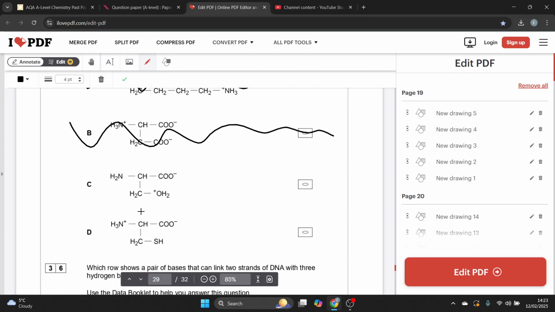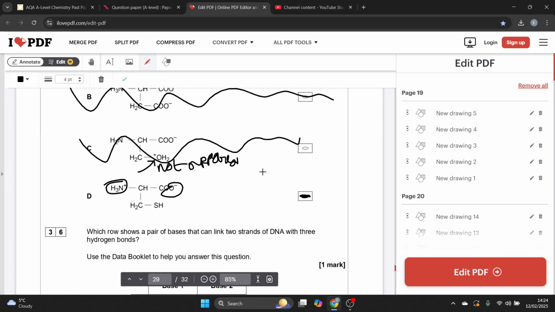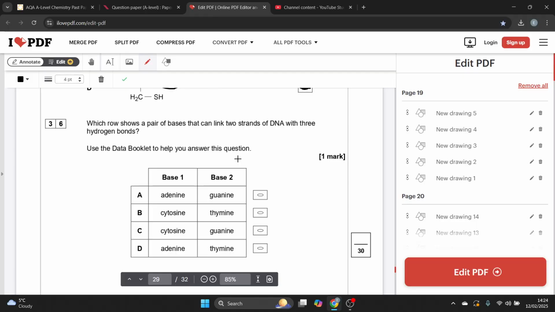I'm left with C and D. Well, it's got to have a positive and negative, both of them have that. But that's not affected. That's not the thing we change. We add a negative charge. It's these two things. So therefore, it can't be C. It must be D.